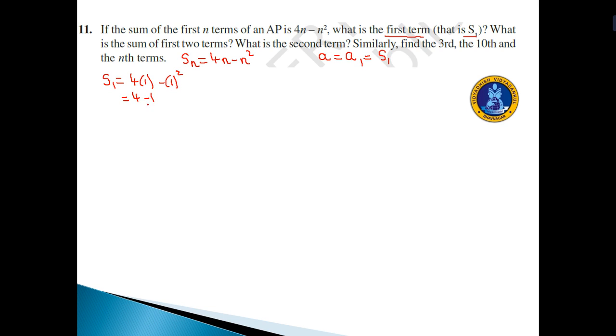So 4 minus 1 that is 3. So S1 is equal to 3. S1 means A is equal to A1 is equal to S1 is equal to 3.